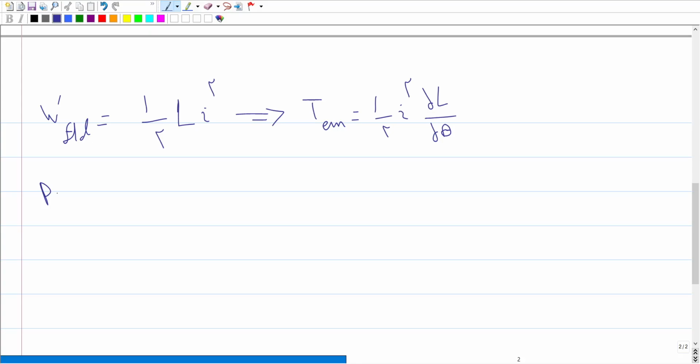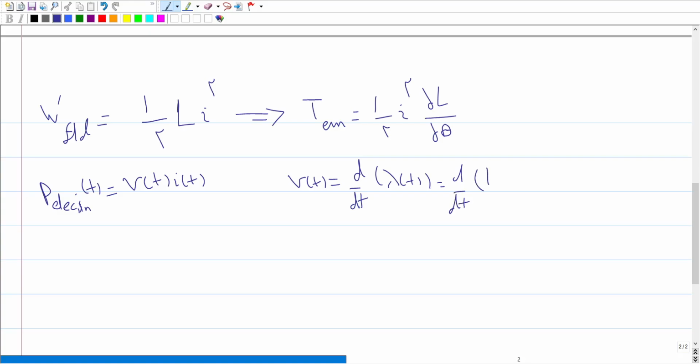I use the instantaneous power method. The electrical input power, P_elect input, as a function of time is v(t) i(t), and v(t) is dλ/dt, and so it's d/dt of L i.